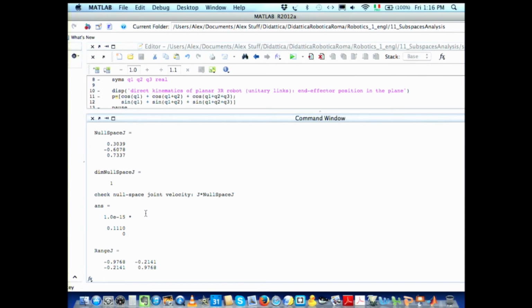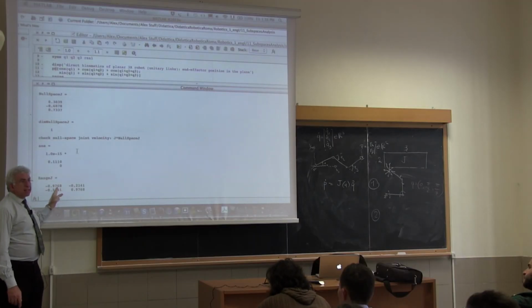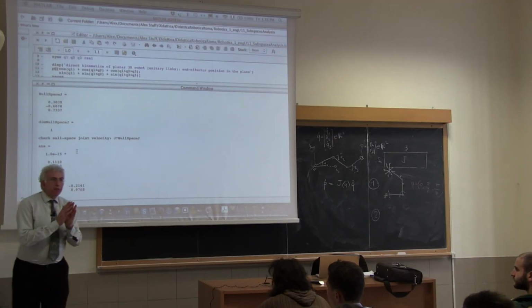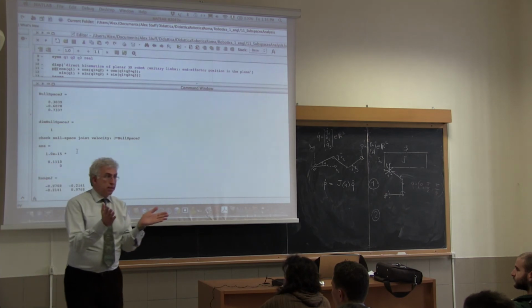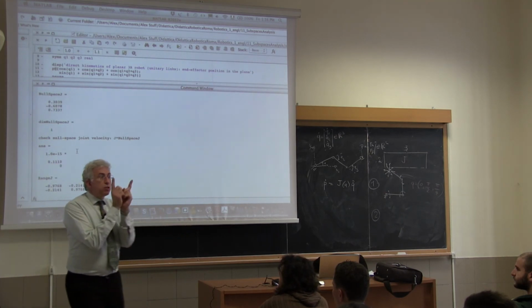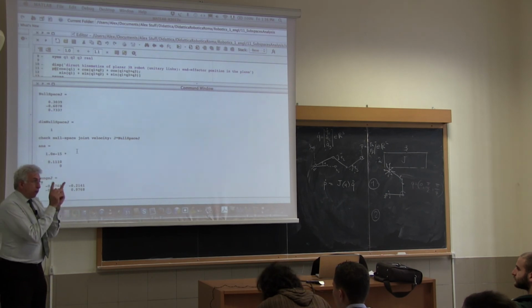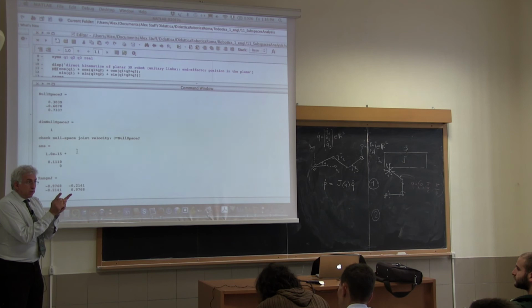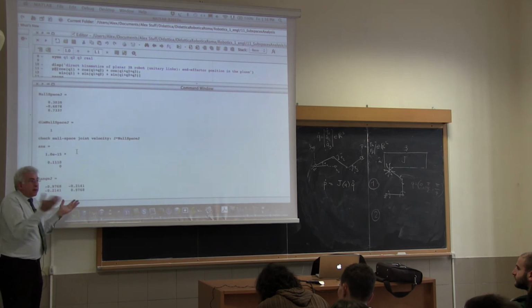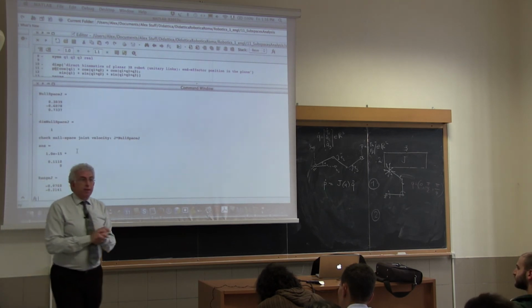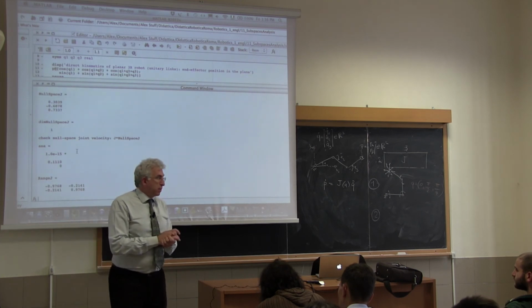Now, range. This is more critical. Pay attention here. I can compute the range of this 2 by 3 matrix, the one that we showed before. And here, as before, Matlab provides me a basis for this subspace. So it provides 2 independent vectors of unitary length with which you can describe whatever vector in this 2-dimensional space.